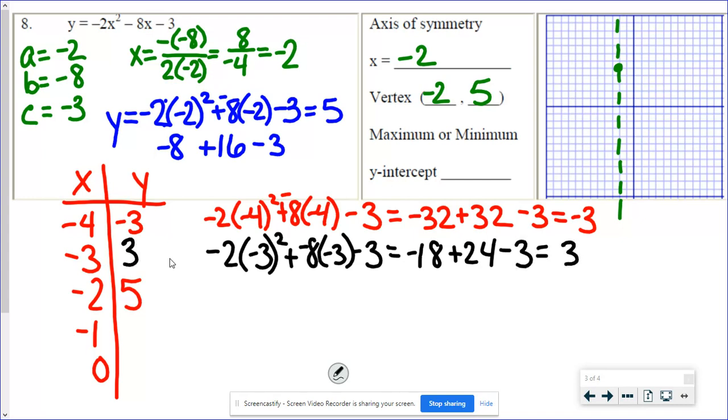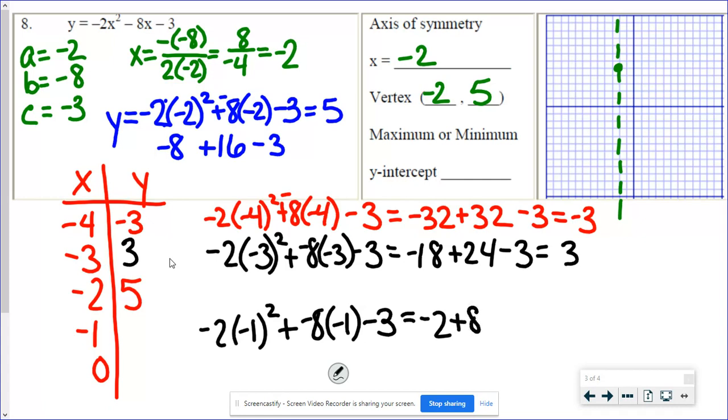When I put in the negative 1, I'll have negative 2 times negative 1 squared plus negative 8 times negative 1 minus 3. Negative 1 squared is 1 times the negative 2 is going to be negative 2. Negative 8 times negative 1 is positive 8. So far I've got 6 right there, and then 6 minus 3 gives me 3. There's our matching. That's what we like.